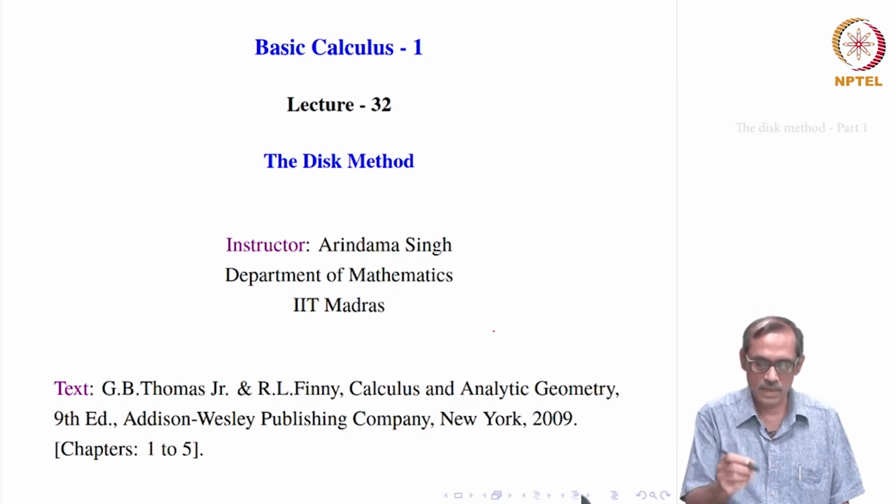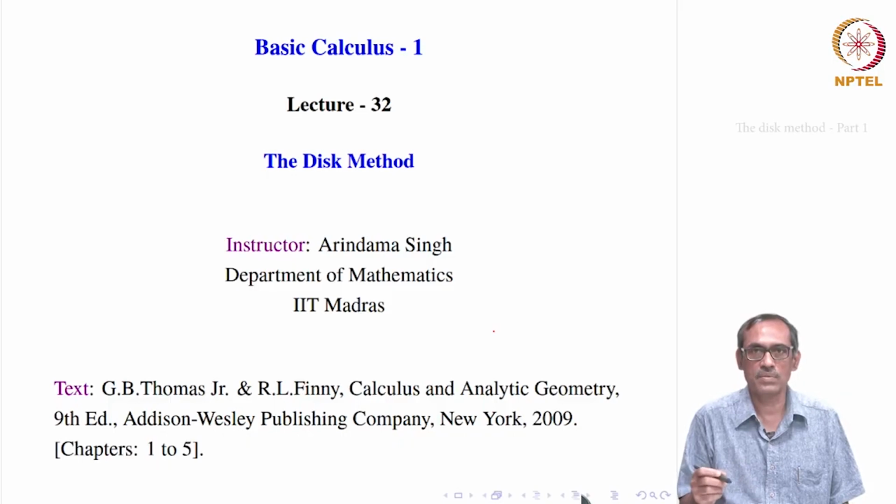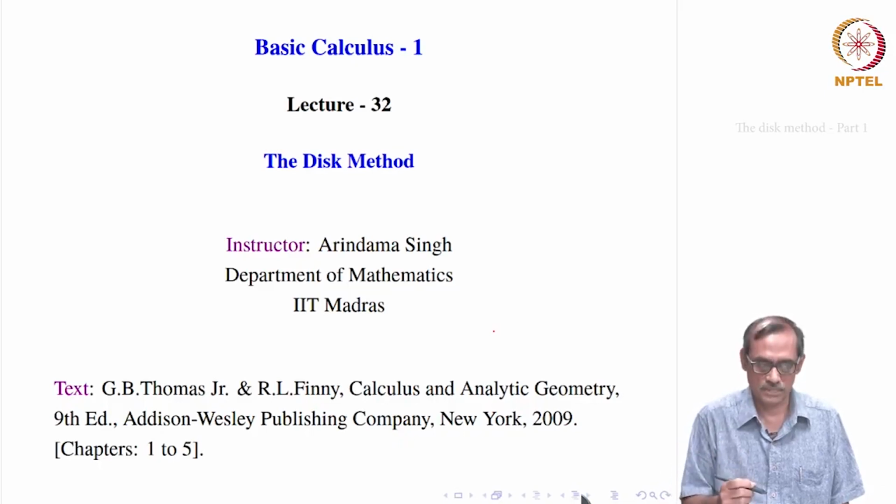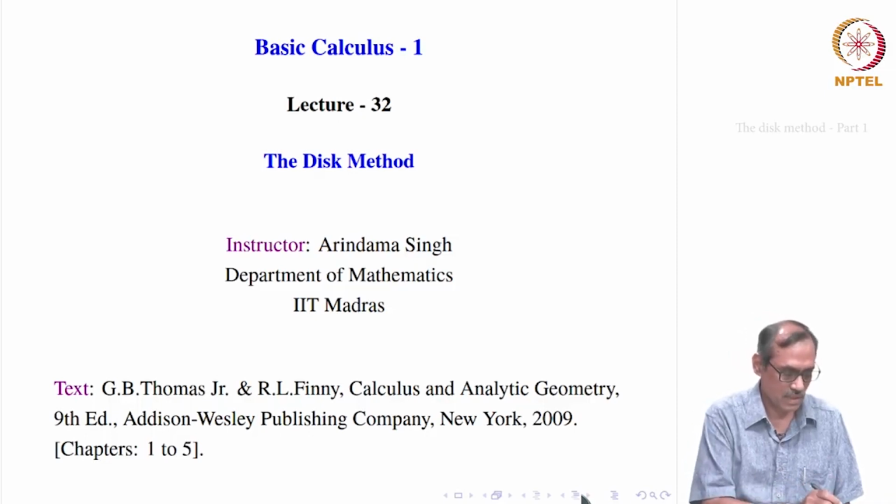Specifically, we will be using the solids which are generated by revolving certain areas around a straight line. They are called solids of revolution. There, the slice method is renamed as the disk method. We will see how we go.